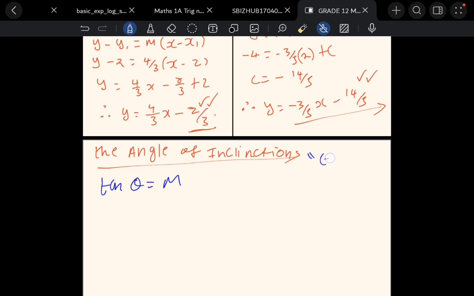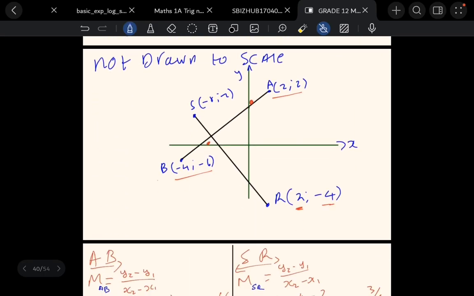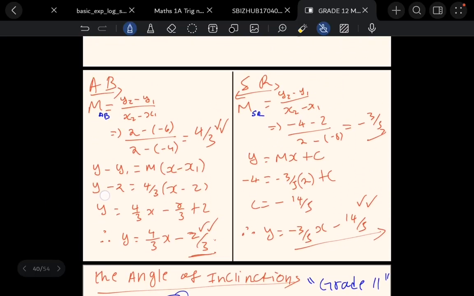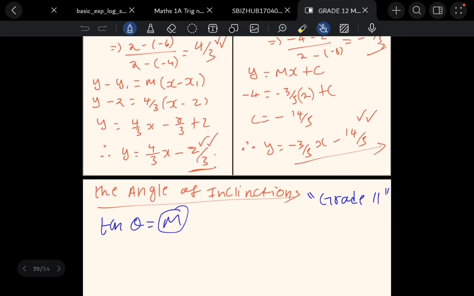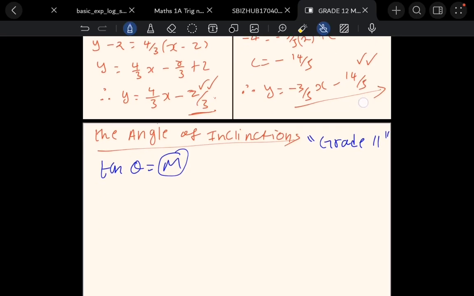This is just grade 11 work, but this one was just grade 10, revising how we calculated this. So to find the angle of inclination, you really want a gradient. Now, let us use these two lines to find the angle of inclination of these two straight lines.